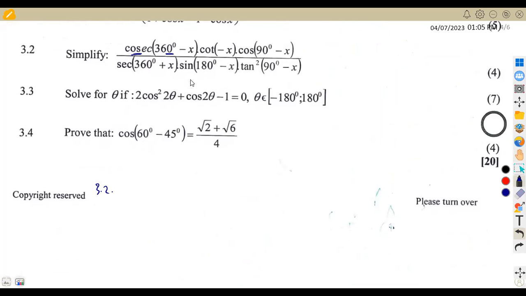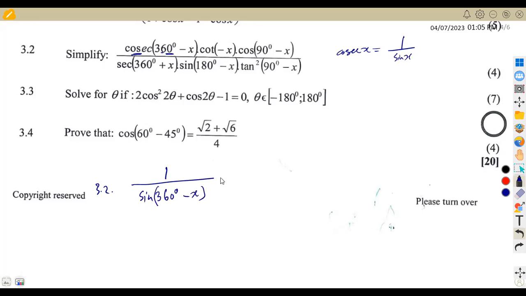We are not used to cosec, but we know that cosec of x is equivalent to 1 over sine of x. So cosec of 360 minus x is going to be 1 over sine of 360 degrees minus x, like this.